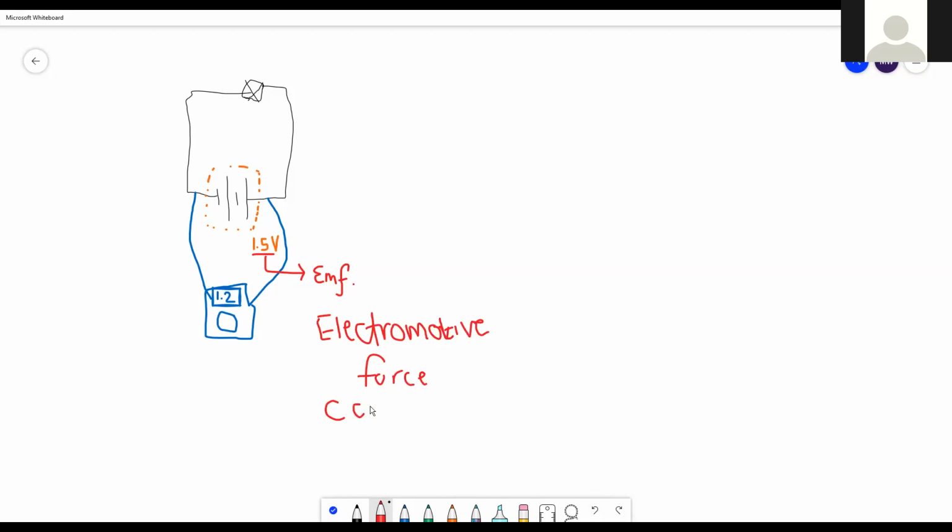The reason being, this is dependent on your battery and the chemical reaction happening inside of the battery. So they are telling you that if you buy this battery, it has the potential to give off 1.5 volts, but like I said, when we measured it, it only gave 1.2.